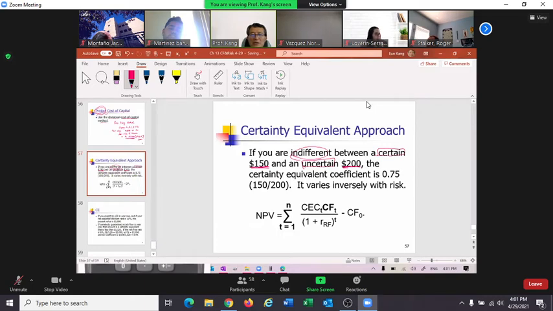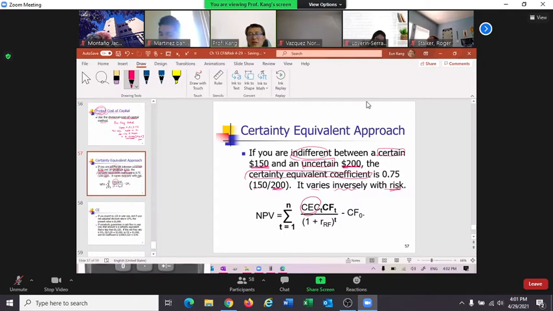Then the certainty equivalent coefficient, the CEC, is 0.75, which is 150 divided by 200. So your certainty equivalent coefficient is 0.75 in this case. And it varies inversely with risk, of course.